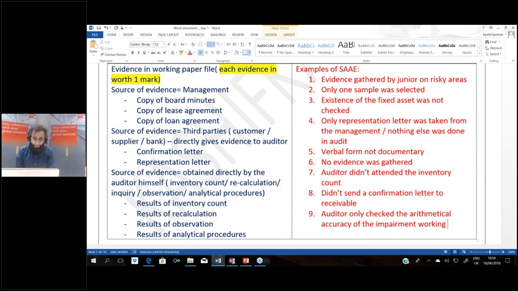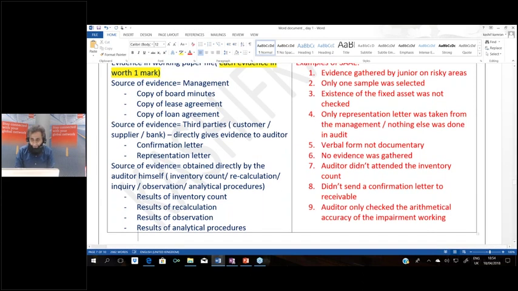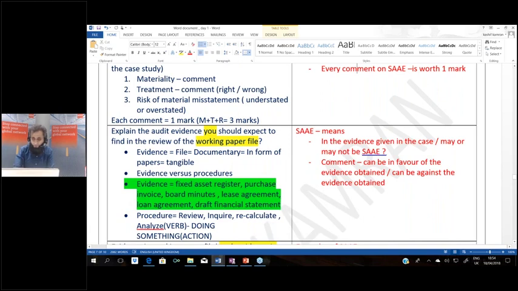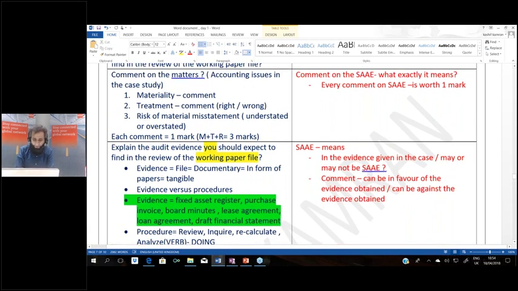Is everyone clear with those examples? As we do an exam paper, I'll give you more examples through the exam paper. So every comment will give you 1 mark. Now, one last thing. This question on sufficiency and appropriateness of audit evidence, where you need to comment on the sufficiency, is very judgmental.